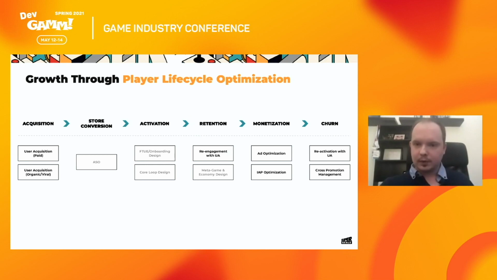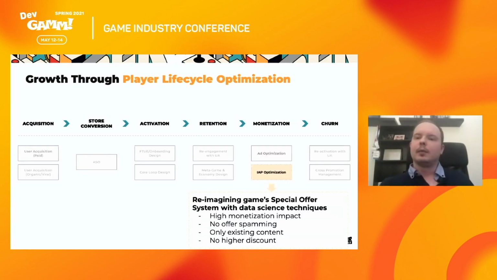But in this presentation, I'm going to focus on in-app optimization. I feel like this is the most interesting stuff in general. We are going to reimagine the game special offer system through data science techniques, which means that we are going to improve the monetization based on data science techniques and different special offer systems.